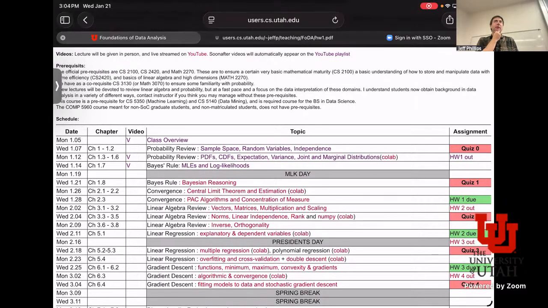How many people have looked at the homework so far? Opened the homework? How many people have started writing down some of the answers? Okay, that's okay. After this lecture, I think you're good to go on the homework, so you don't need to delay that. If you had started and at least looked at it, that may have helped a little bit with the quiz.